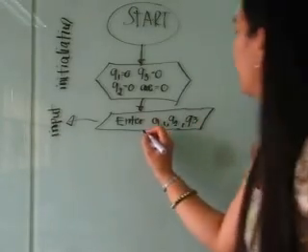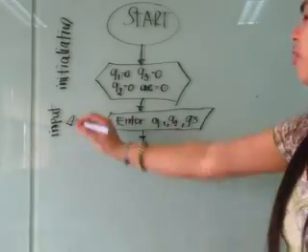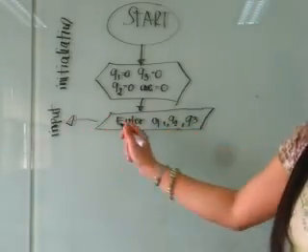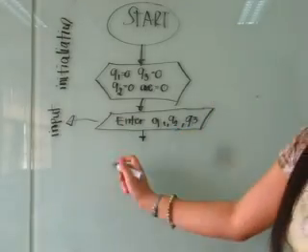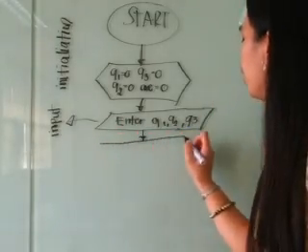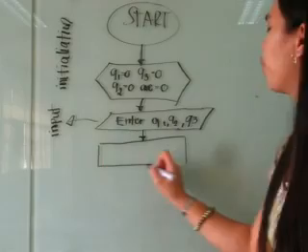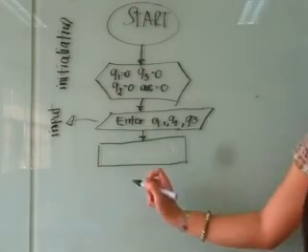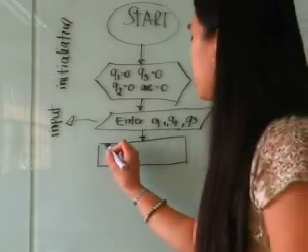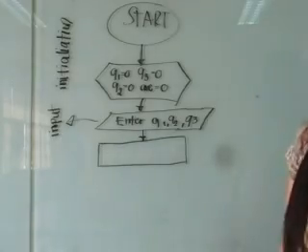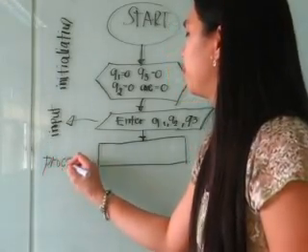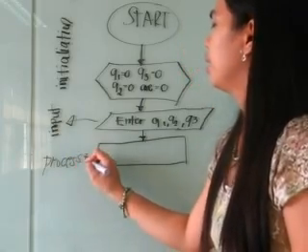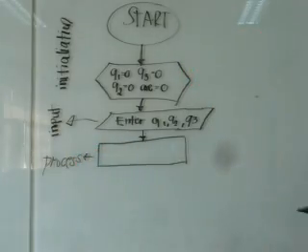After having the input, since you already entered the value for quiz number 1, quiz number 2, and quiz number 3, you are now ready to compute. So for the figure, you use the process. This is for the process.